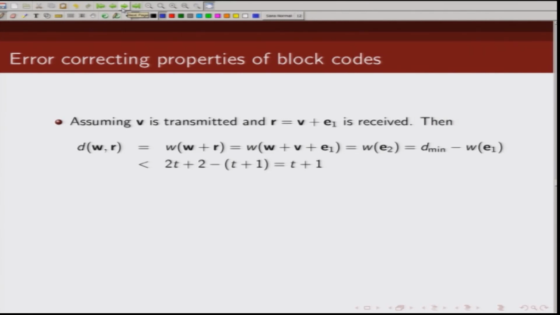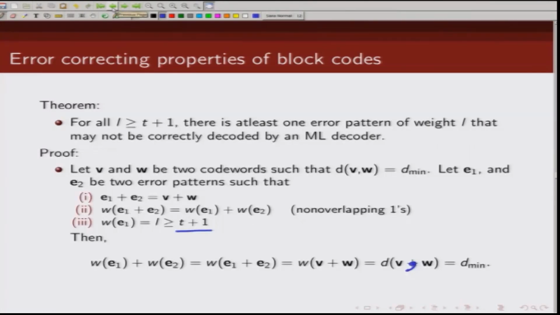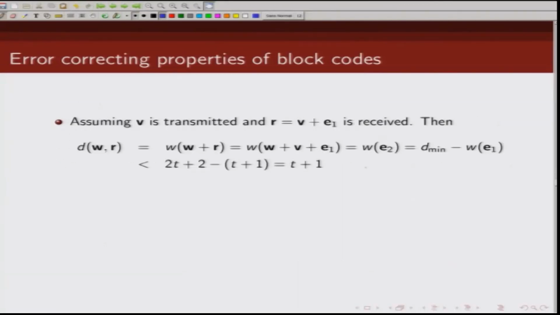And what is the weight of E2? From this relation we can see the weight of E1 plus the weight of E2 is d min. So, the weight of E2 is d min minus the weight of E1. Now, d min is less than or equal to 2t plus 1 and the weight of E1 is at least t plus 1.